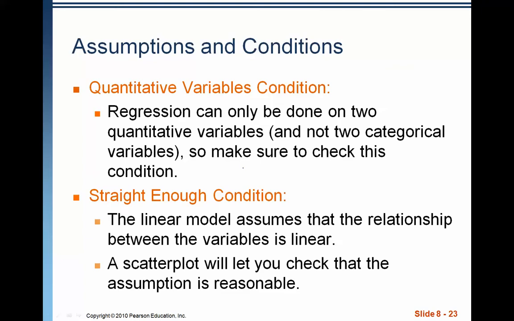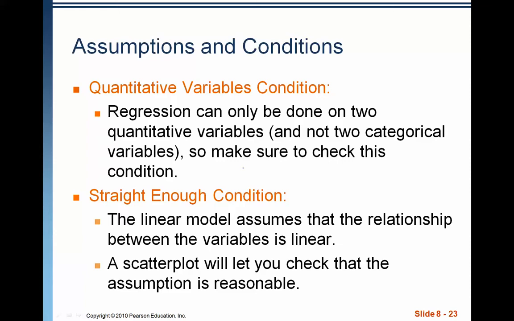Check to make sure that the two variables you're dealing with are quantitative, not categorical ones. Make sure that you're not dealing with percents. Make sure that your figures have units so that those are quantitative. If we're talking about categorical variables, you cannot do regression, okay?